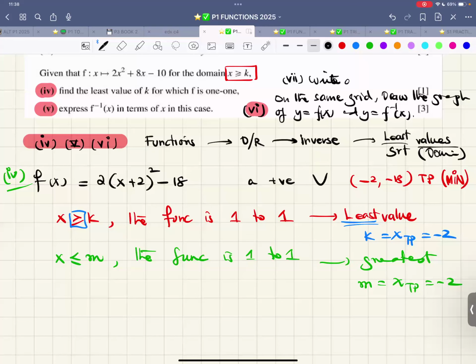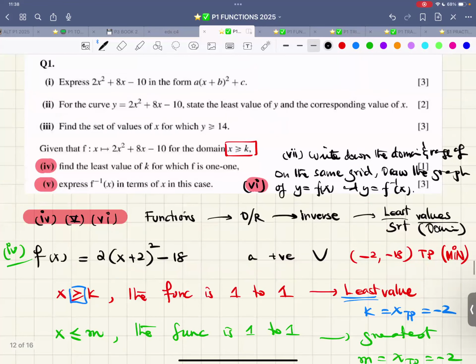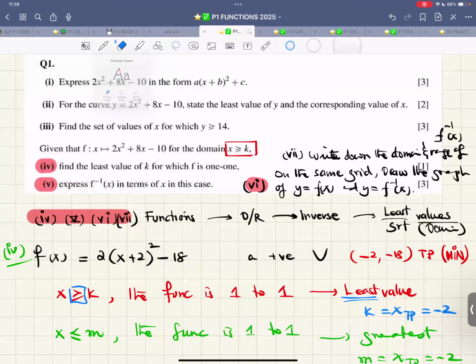Write down the domain and range of y equals f inverse x. So there is part 6, there is part 7 also. So there are 4 parts to it. Let me just adjust it. So there is part 4, part 5, part 6, part 7.